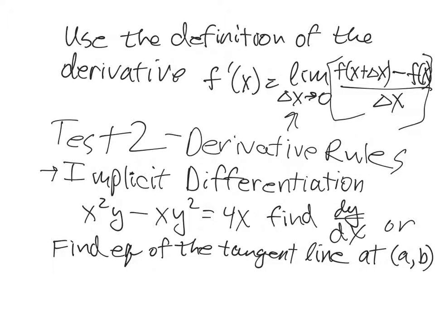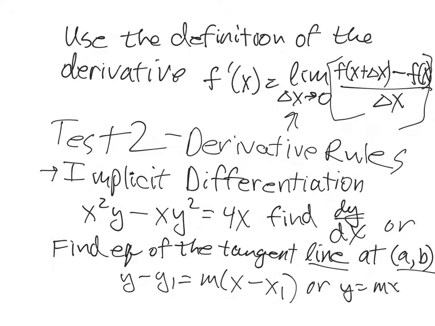So there you have to look at the equation of a line as well. dy by dx would be your slope. Plug in the point x equals a, y equals b, and calculate the slope. Then use your point-slope form or slope-intercept form, whichever you prefer. Well, we looked at a little bit of that with implicit differentiation.